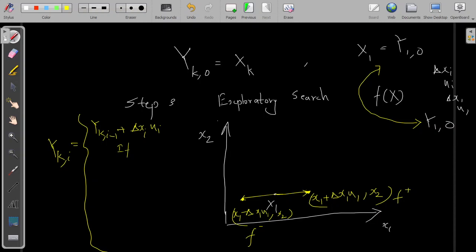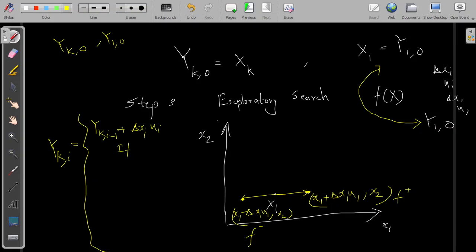if this f plus, that means the objective function value at this point, is less than f. Actually this yk i minus 1 is nothing but yk0, and for the first iteration that is y10, which is nothing but x1. So either this point or this point.